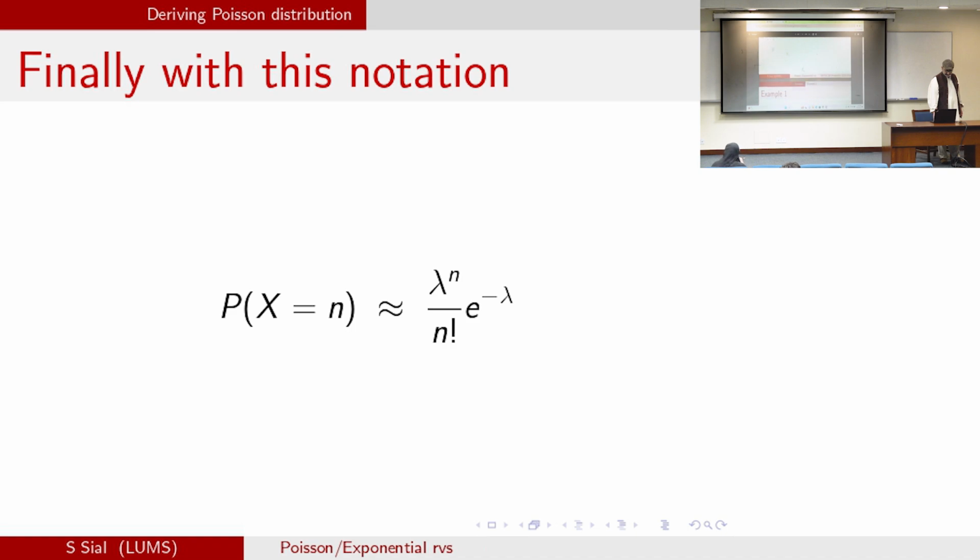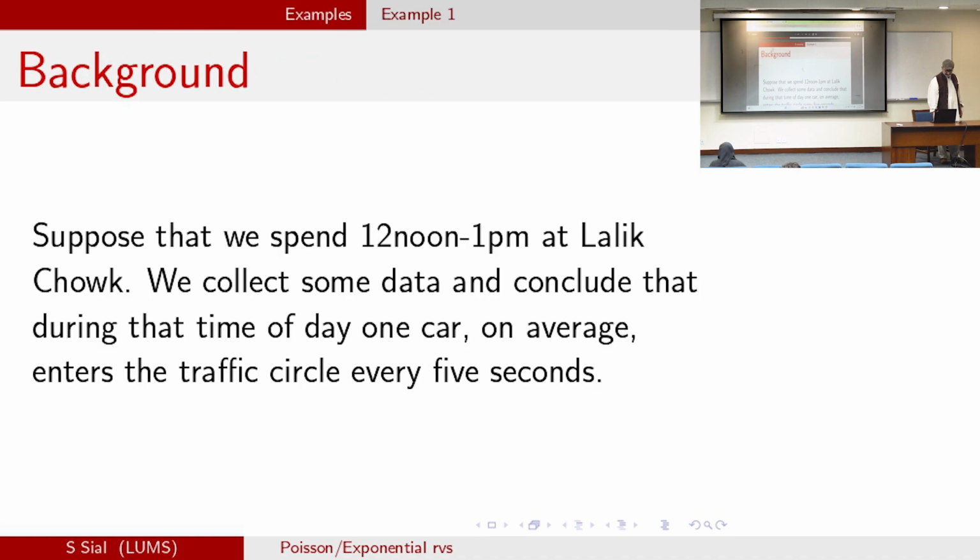All right, so let's do an example to fix our ideas. We spend 1 hour at Lalekchok and we collect some data. So typically your lambda is given by some observations.